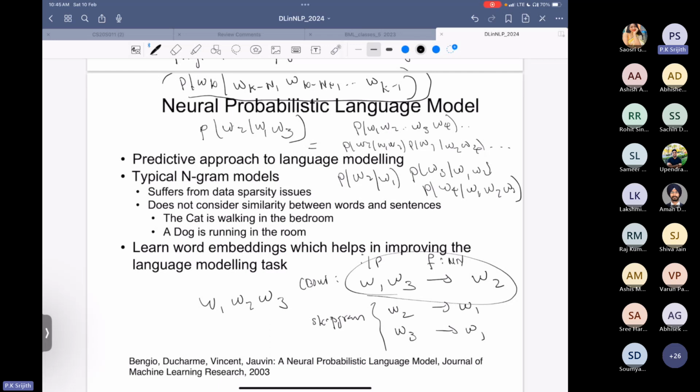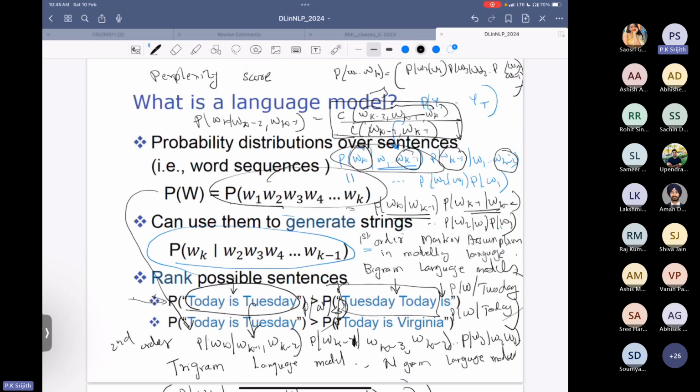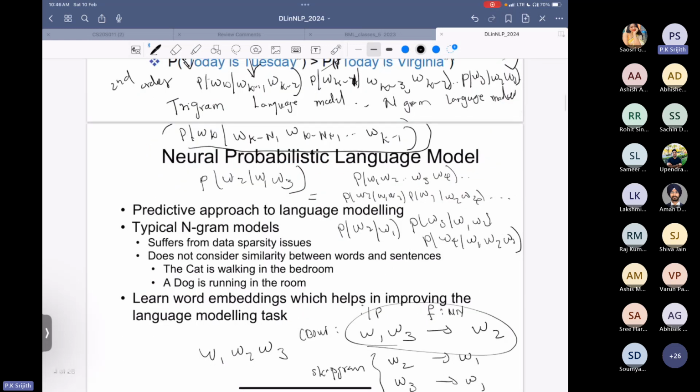This is the way in which you write a probability distribution over a sequence of words, as conditionals: the probability of W1, times the probability of W2 given W1, times the probability of W3 given W1, W2, and so on. And it tries to predict each of these probabilities using a neural network.